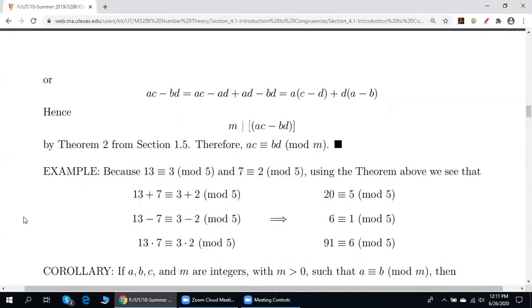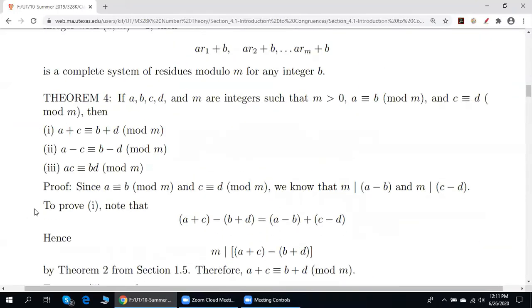Corollary. Note that if over here we set D is equal to C, note that C is congruent to C modulo M. So we can safely set D is equal to C. If D is equal to C, this becomes the following.